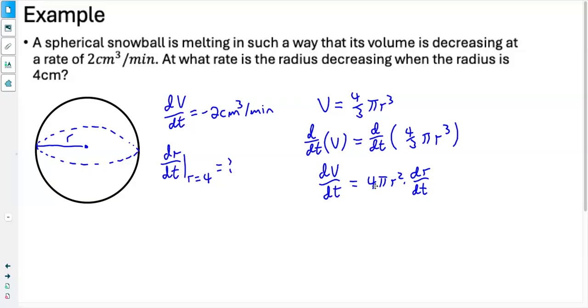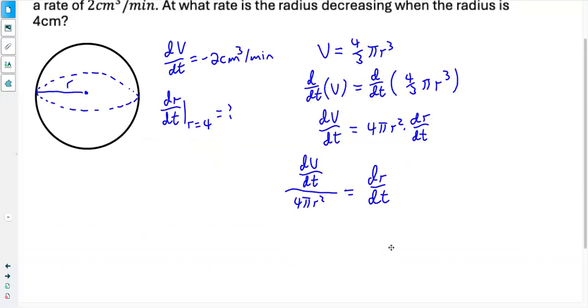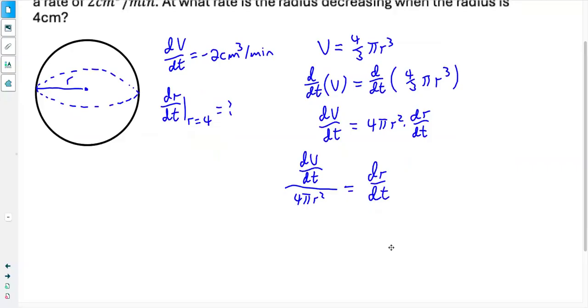Now we are solving for dr/dt, so we want to move this to the other side, so I divide it over. So we've got dV/dt divided by 4 pi r squared equals dr/dt. Now we want to substitute in the information that we know. So our dV/dt is -2 centimeters cubed per minute. So we've got -2 over 4 pi times 4 squared equals dr/dt when r is equal to 4.